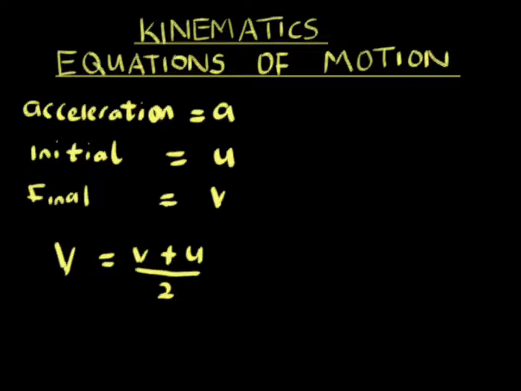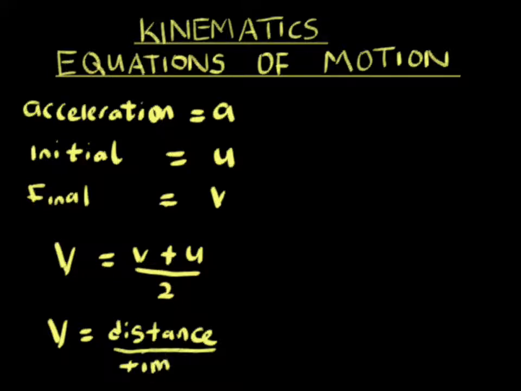Now, recall that from previous classes we know that average velocity also would be your distance all over time. This would be your formula for average velocity.